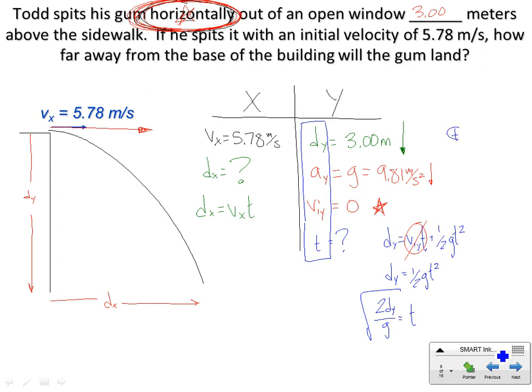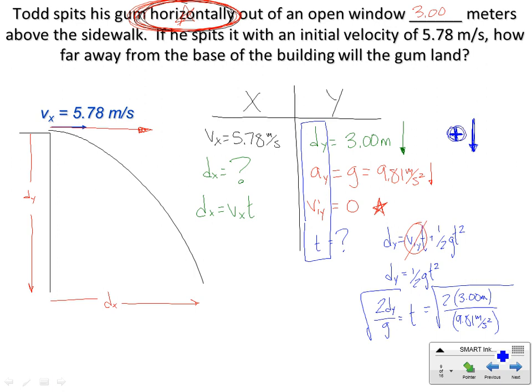Since these are both positive, since they're both downward, I'm just going to call downward the positive direction. And that means that we can say this is 2 times 3 meters divided by 9.81 meters per second squared.